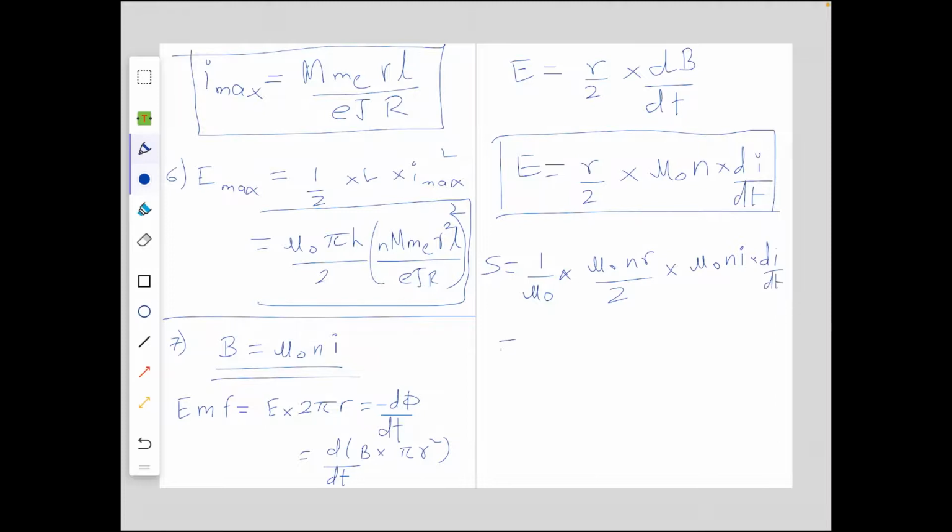So mu naught gets cancelled, and we get S equals mu naught n squared r I by 2 di by dt.